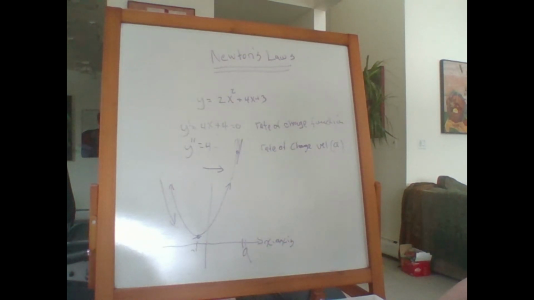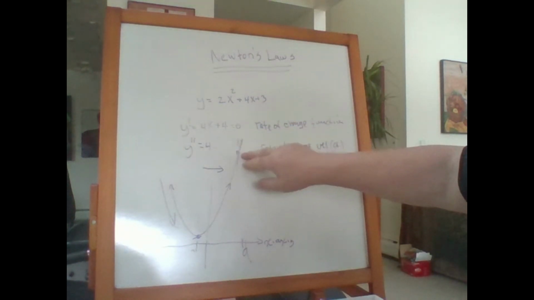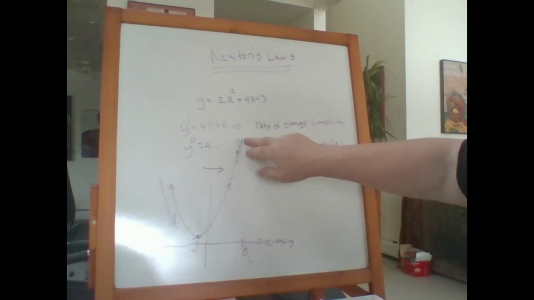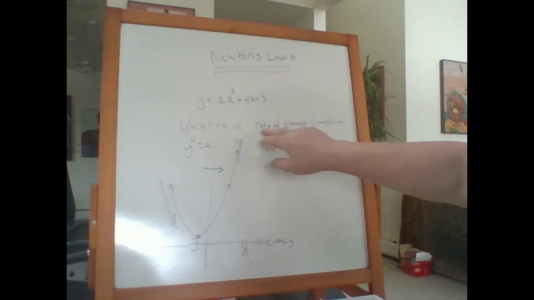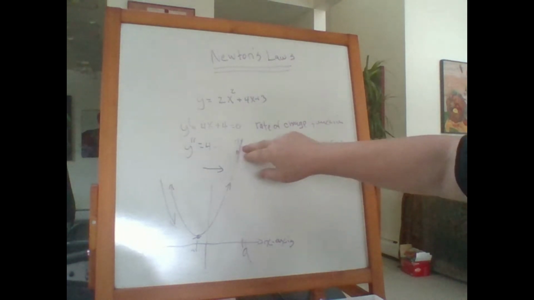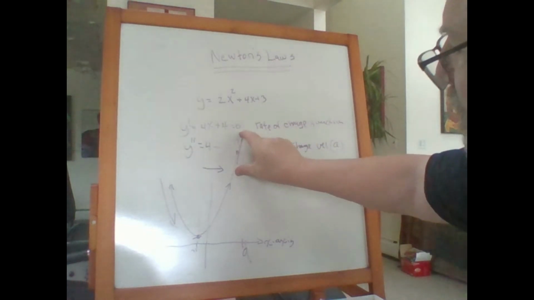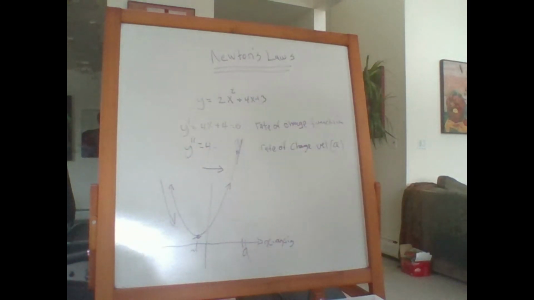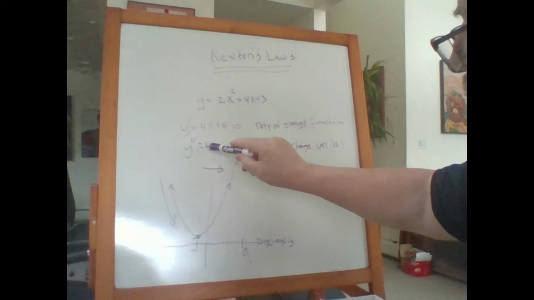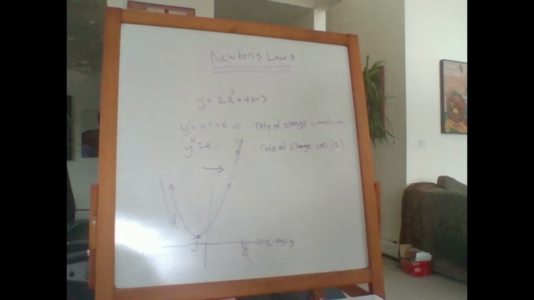While the velocity itself changes, the instantaneous rate of change of the velocity, or the slope of the curve, changes at every given point. The rate at which that slope changes is constant and is 4 for this particular function.